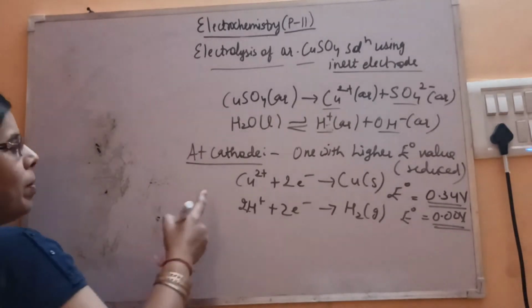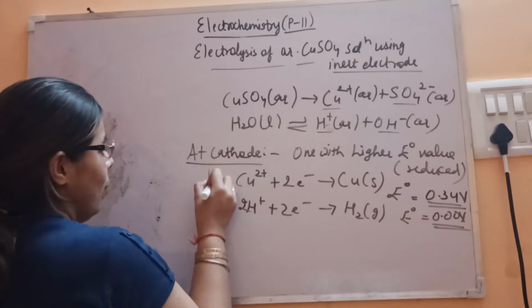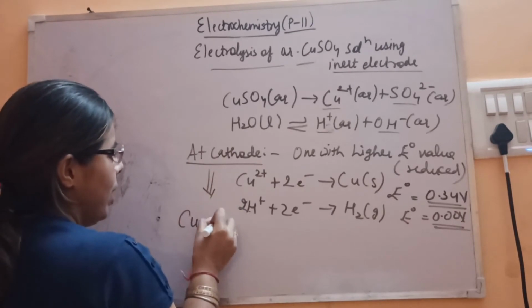So here Cu2+ gets reduced to copper. So at the cathode, copper gets deposited.